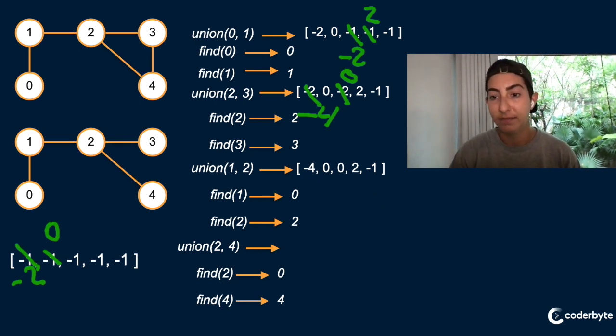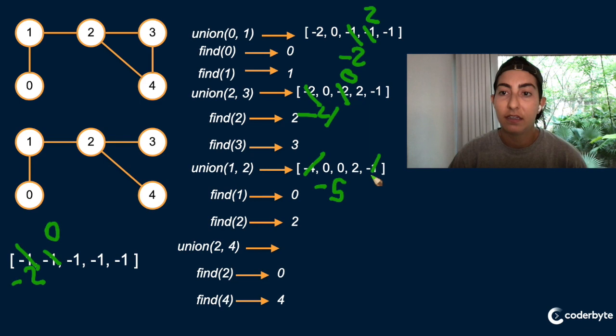This is going to be, again, the same. We are going to take the value of the second one, that's -1, and we're going to add it to the parent of the first one, which is 0, right? So that's -4 here. So we can cross that off, make that 5, right? And then this is going to have a value of the parent of the first one, so that is 0 in this case.